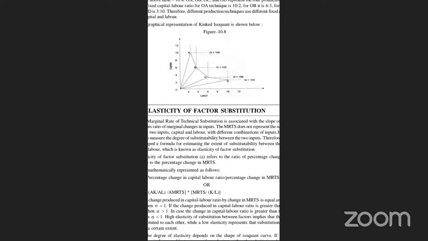Now, a kinked isoquant is where, in the graph, you see the kinks. B is kinked, C is kinked, and D is kinked. They bend slightly. That is referred to as kink behavior.